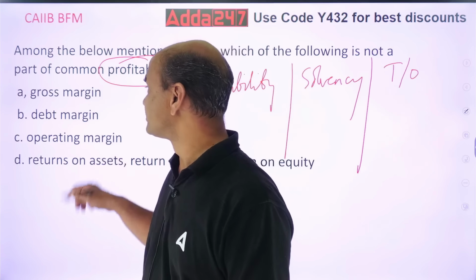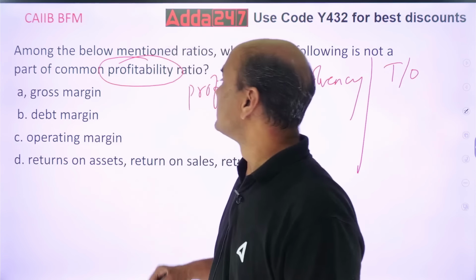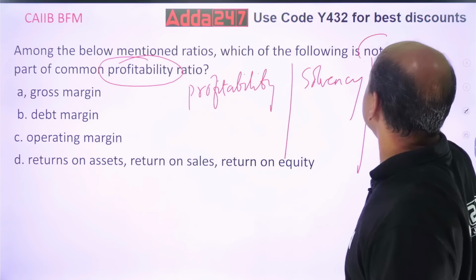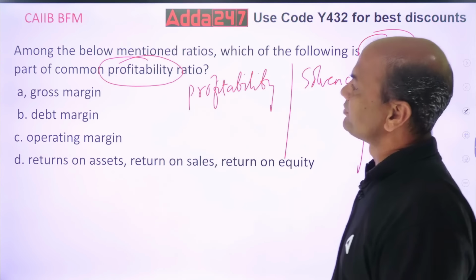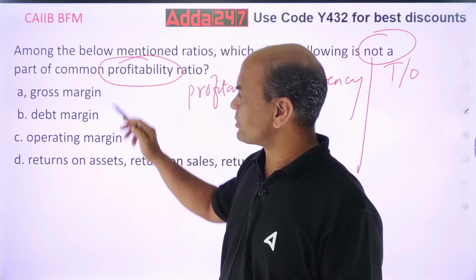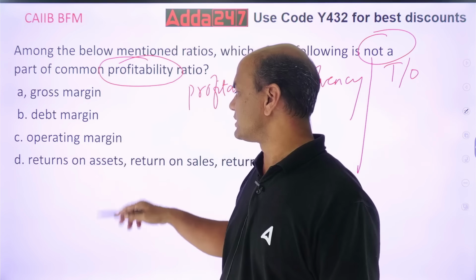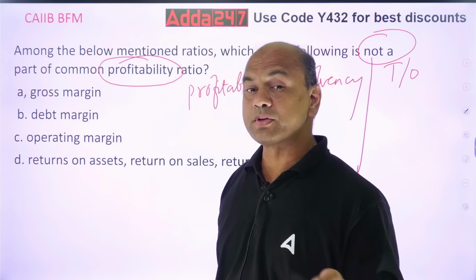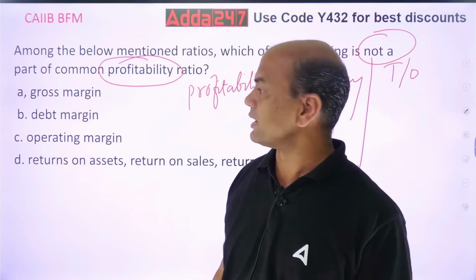Got it? Next, which of them is not a part of profitability? Kindly note, not a part of profitability. The options regarding profitability are gross margin, debt margin, operating margin, return on assets, and return on sales. So which of them are not part of profitability?